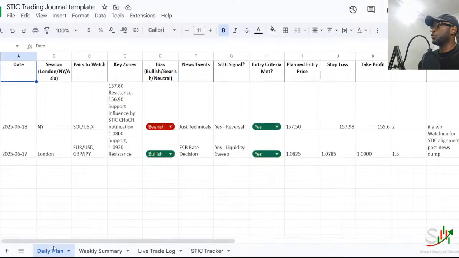Like I said, it's all about having a concrete plan. If you have a concrete plan, you get to be calm enough to know where to take your profits and where to put your stop loss. If you're calm enough, you plan your trade. It's going to help you know even if you should trade that day or not, if you should walk away from the chart. Those are things planning really helps you to do.